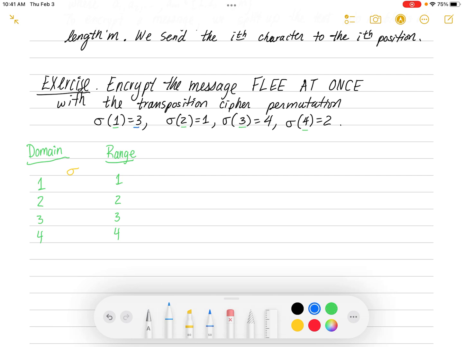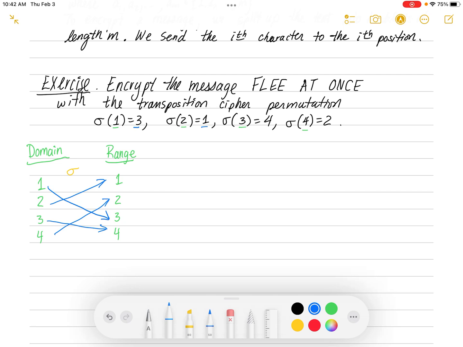So sigma of 1 is 3. That means 1 goes to 3. Sigma of 2 is 1. So that means 2 gets sent to 1. Sigma of 3 is 4. So that means 3 gets sent to 4. And sigma of 4 is 2. So 4 gets sent to 2. So sigma is the function that sends 1 to 3, 2 to 1, 3 to 4, and 4 to 2. And that's what a permutation is. It's actually a 1-to-1 onto function. But here it's basically just rearranging the numbers 1 through 4.